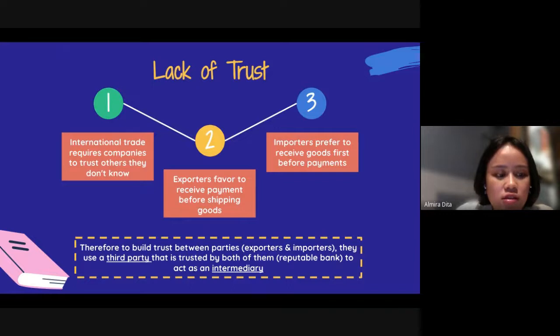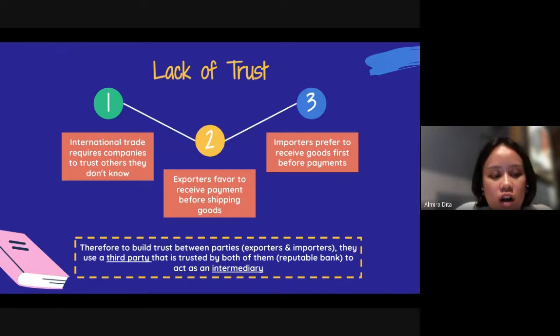This lack of trust is caused by the distance between the two parties, in this case the exporters and importers, and by the problems of using an undeveloped international legal system to enforce contractual obligations. Therefore, there can be some trust issues.